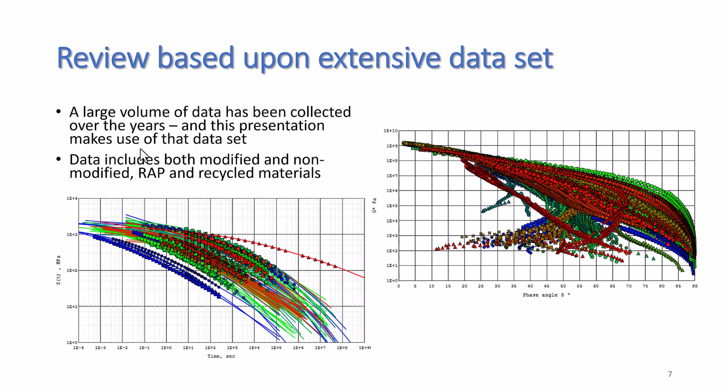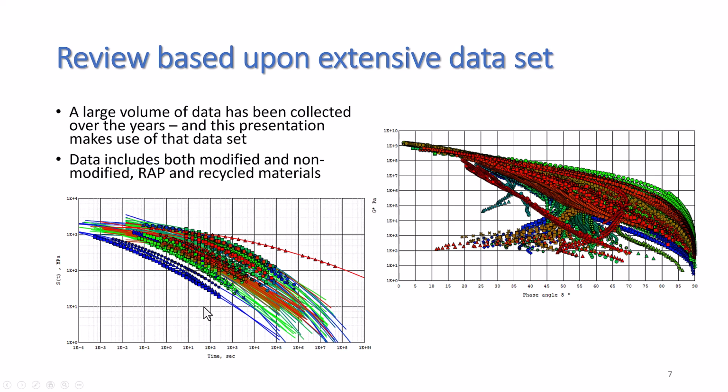And there's a large volume of data here. Just to highlight a few things, something like this might be more associated with a recycled asphalt shingle. The binders that curve around here are, sorry, not recycled, but they would be more consistent with polymer modified binders.